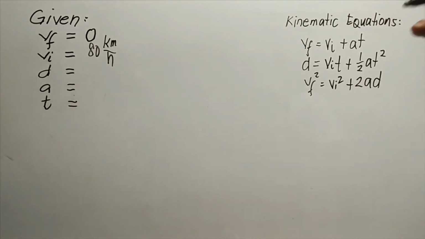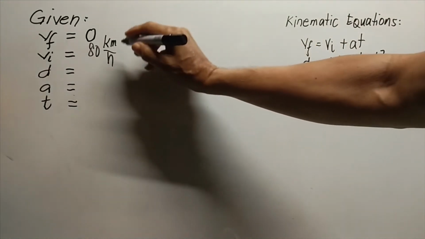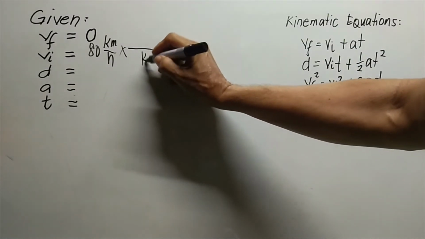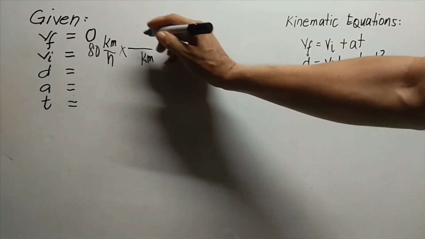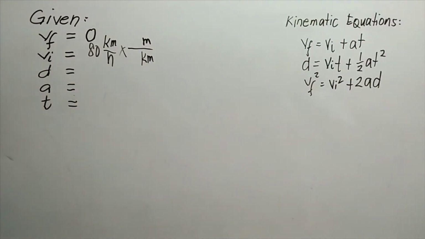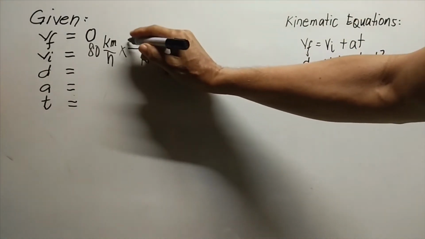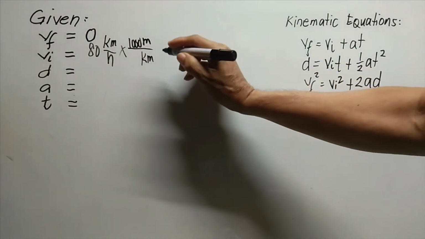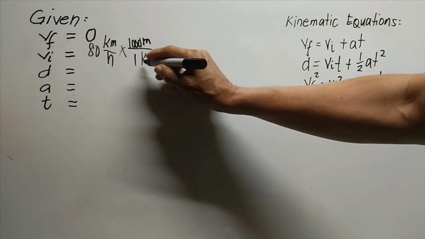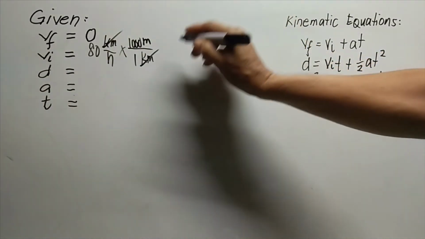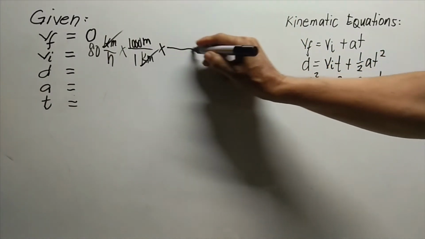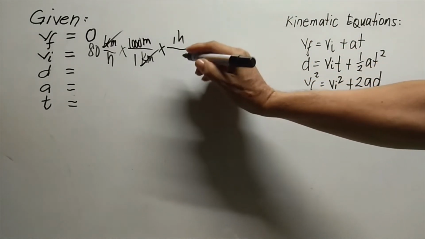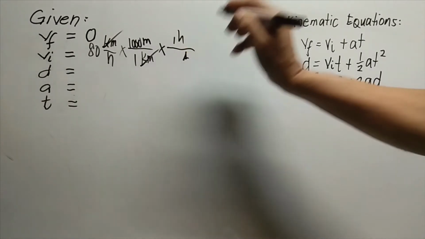So we will use the factor label method. So convert this to kilometer at the denominator and meter at the numerator. So the relationship is there are 1,000 meters in 1 kilometer. Cancel the kilometer. Next, 1 hour will be on top, and at the bottom will be seconds.